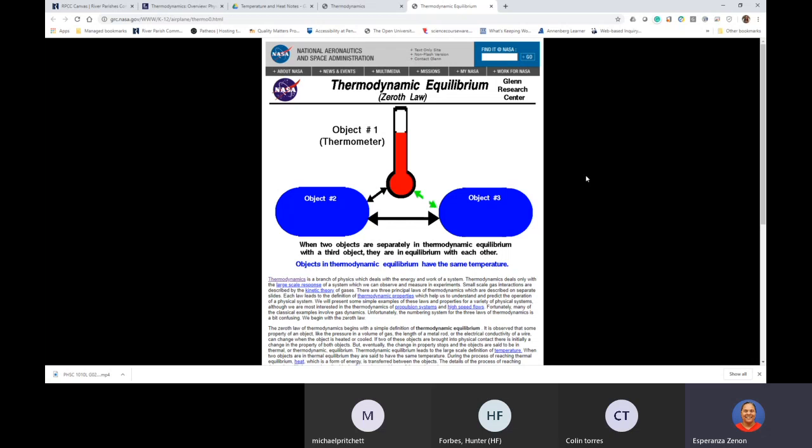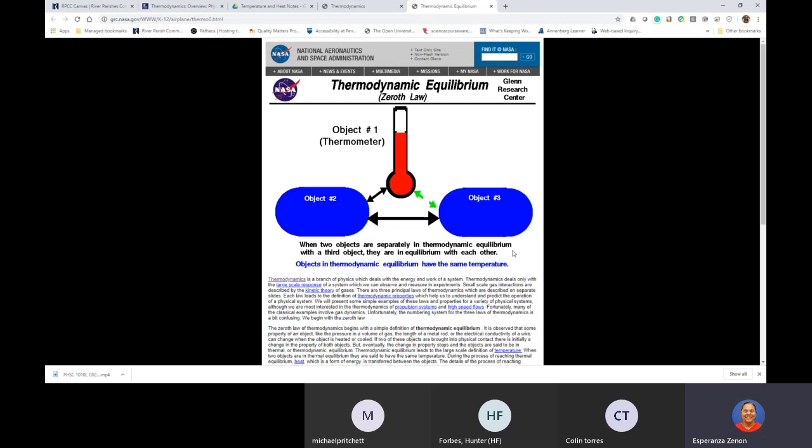Once the temperature is the same in both objects, no more heat is going to be exchanged because they're balanced. And that's what this law alludes to. Once two separate materials that are in contact reach the same temperature, they're balanced, they're in thermodynamic equilibrium, because we talk about the idea of forces being balanced, right? But in this case, it is the temperature that's going to remain balanced, and so no more heat is going to be exchanged. All right, so that's a very basic law.